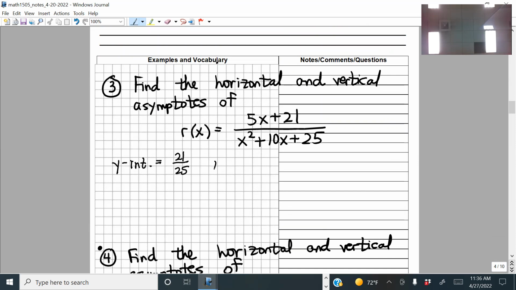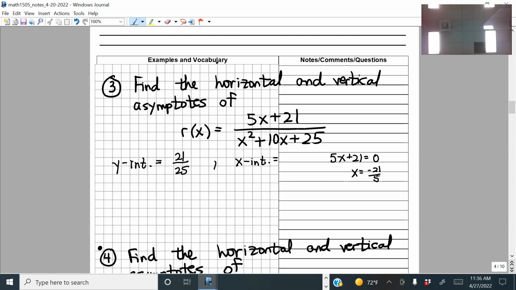What about x-intercept? So how do we find the x-intercepts? Yeah, set the numerator equal to 0, right? And then solve that equation. So we get what x is what? Minus 21 over 25? Which is that what?